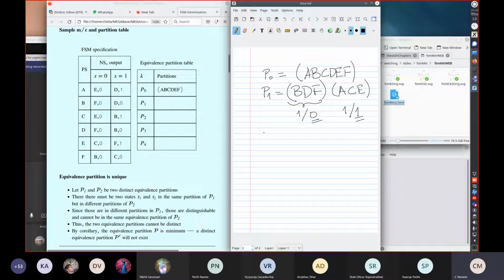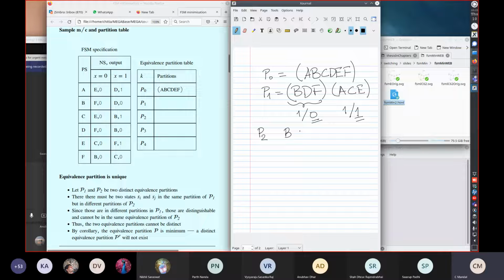Now, let us see what happens when you go over to the next step. So now, let us look at B, D, and F. B goes to, so let us say B is 1.